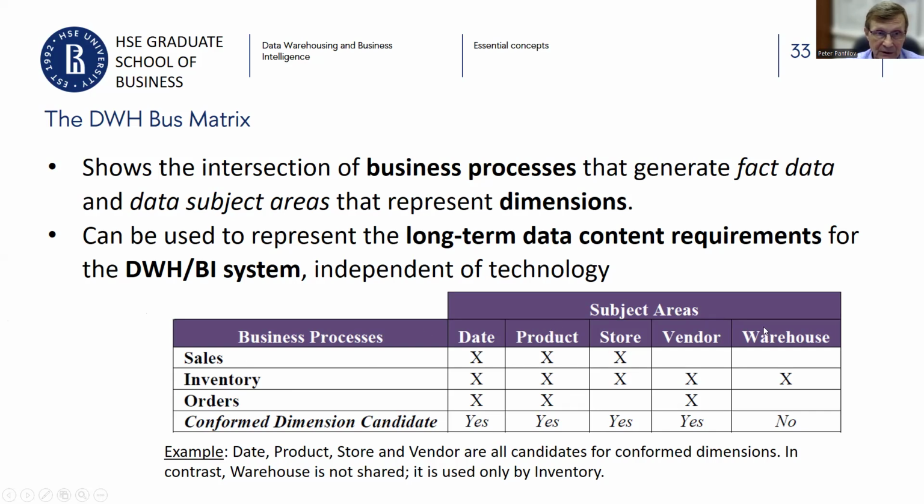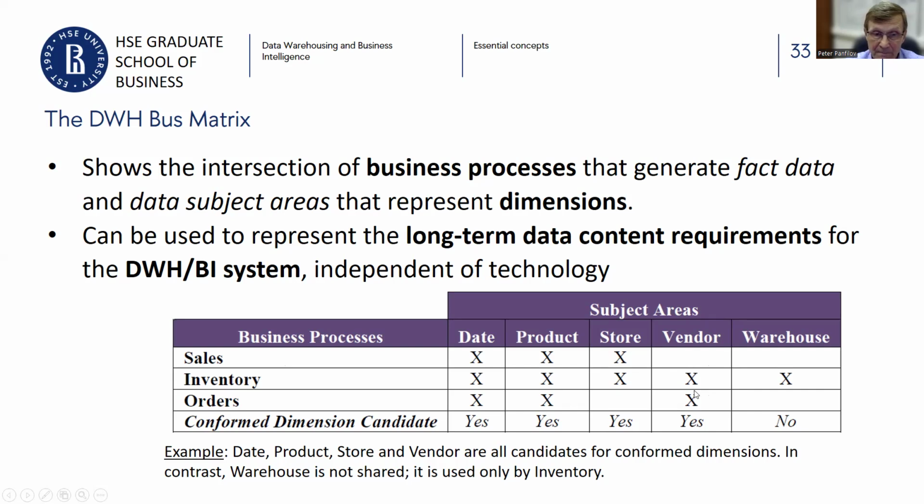So what is special here? Sales and inventory, two processes, both require the same dimensions. They require store data, and inventory and orders processes require vendor data.